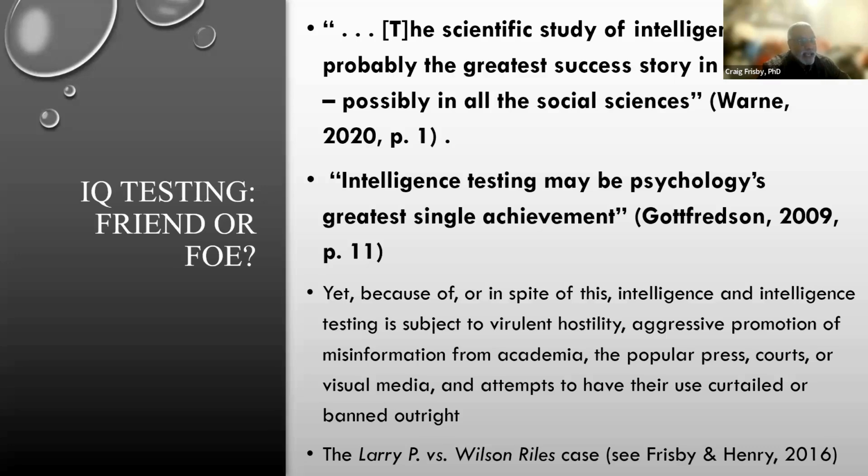And so I already shared with you the issues related to the Larry P. case in California, where a group of activist psychologists were successful in convincing a state judge to ban IQ tests, and that has occurred for at least 4 decades, and it's only now being relaxed.